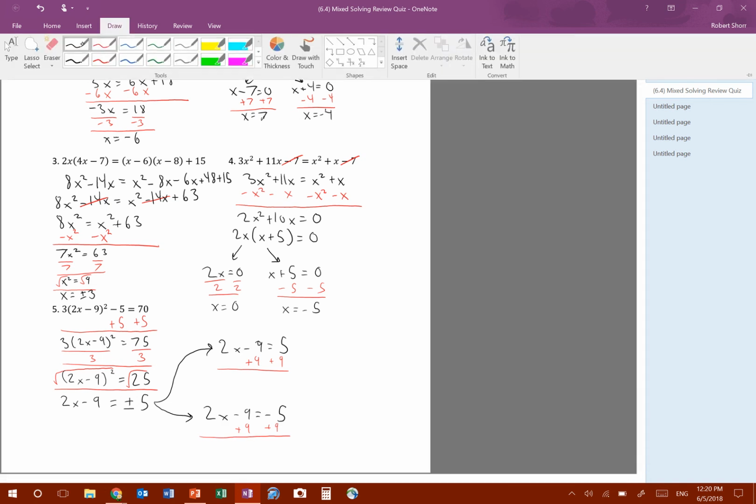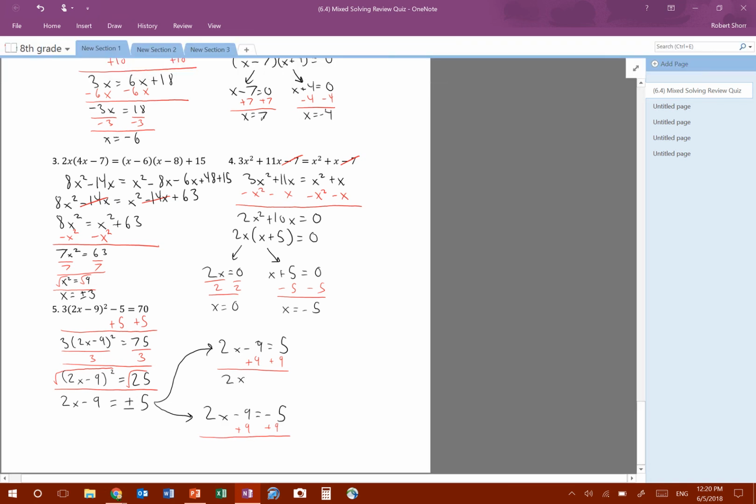Up top, that'll get me 2x equals 14, and down here 2x equals 4, and then divide by 2 for both of them, and then the top one I get x equals 7, and the bottom one I get x equals 2.